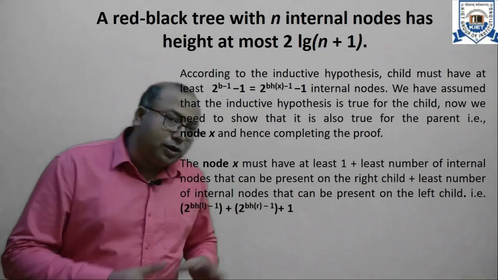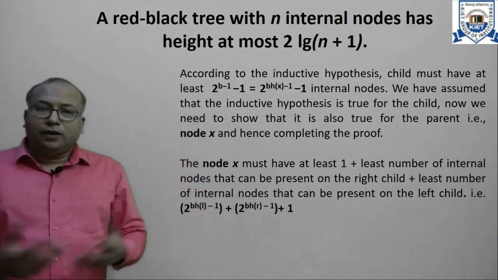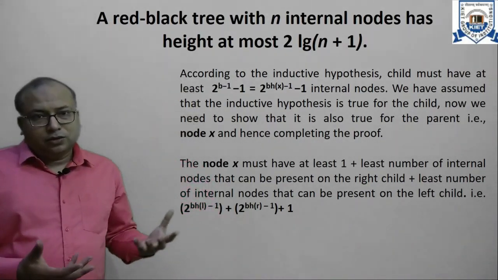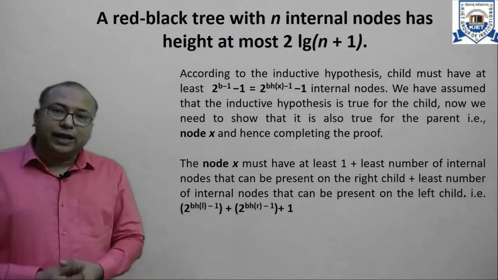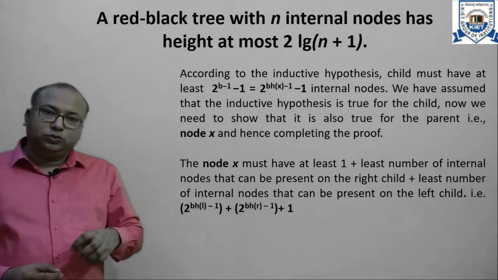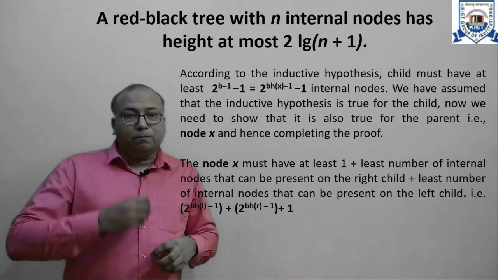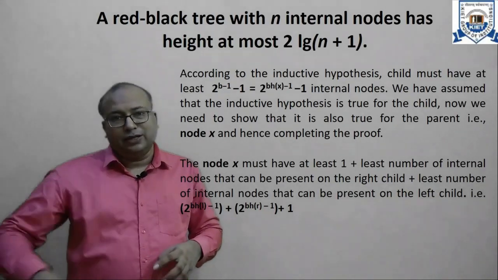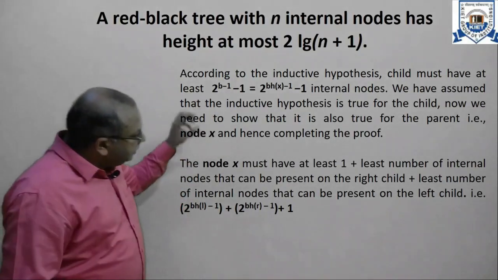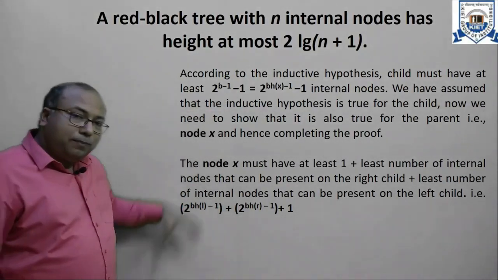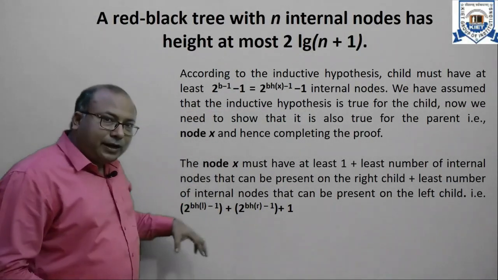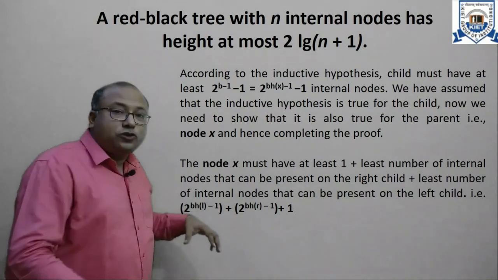And how do we compute the number of internal nodes in the left subtree? As per the induction, we are assuming that it is equal to 2 to the power bh(x) minus 1, minus 1, because we are considering the black height of the left subtree, which may be reduced by 1.